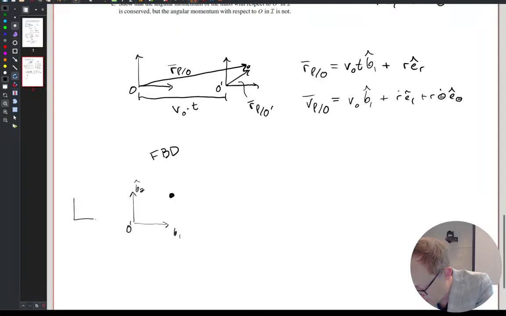I'm just putting our coordinate systems into our free body diagram. What does the free body diagram look like? You tell me which force.